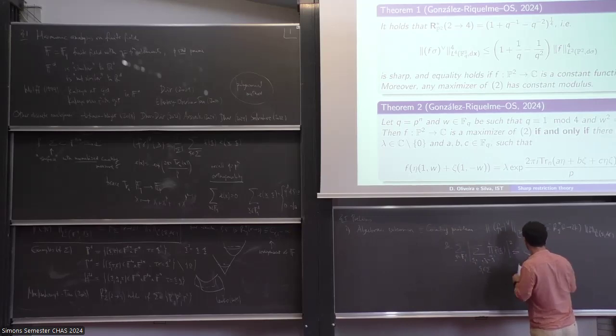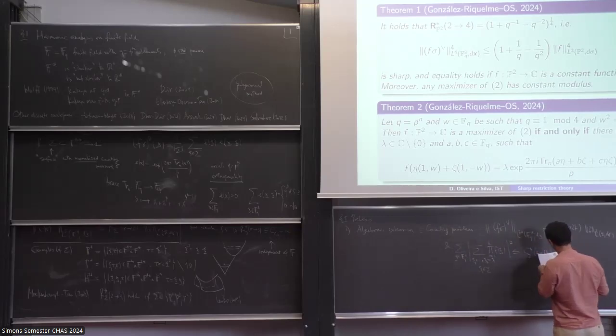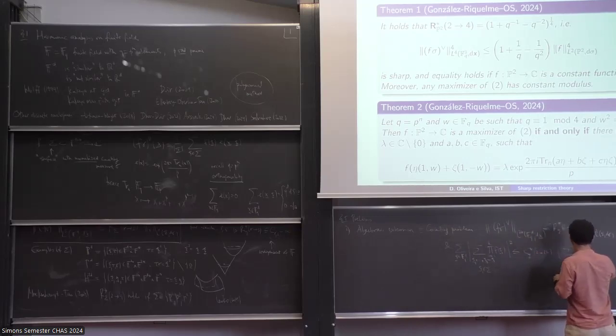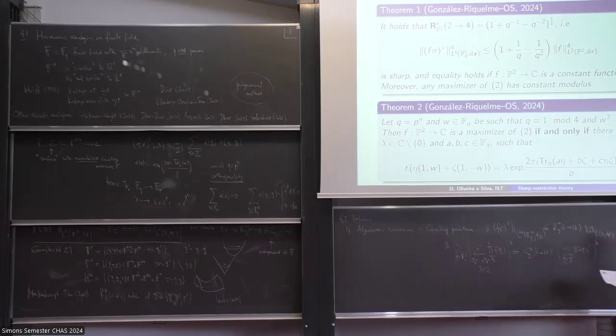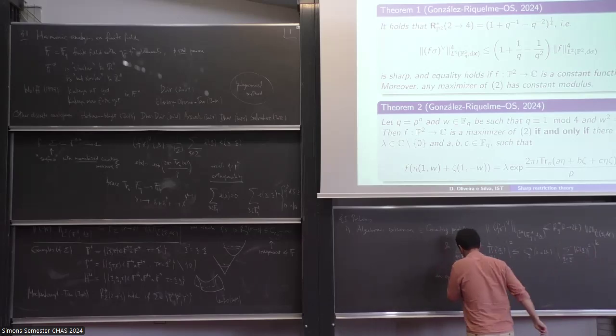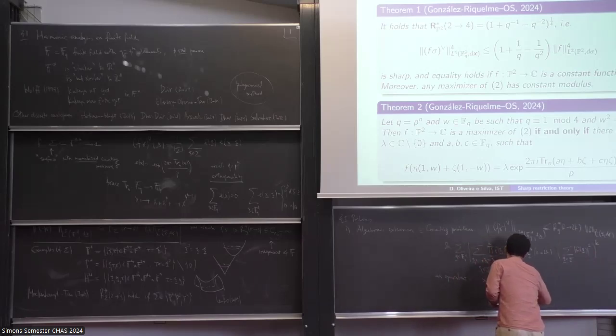I'm going to call it the bounding constant. So these two inequalities are equivalent in the sense that they have the same set of maximizers, and the constants are related.